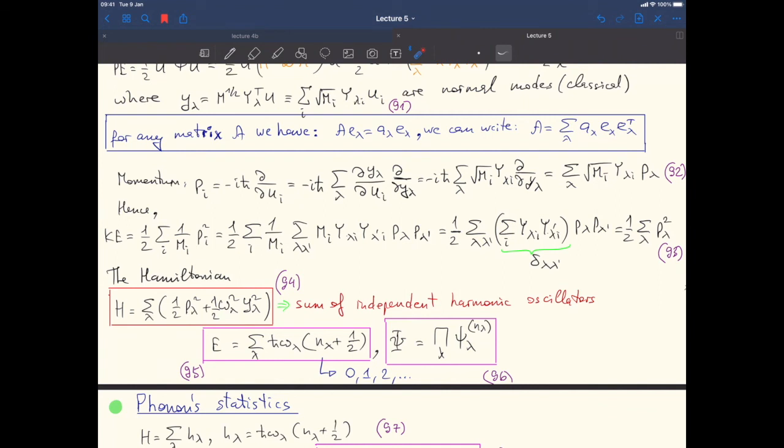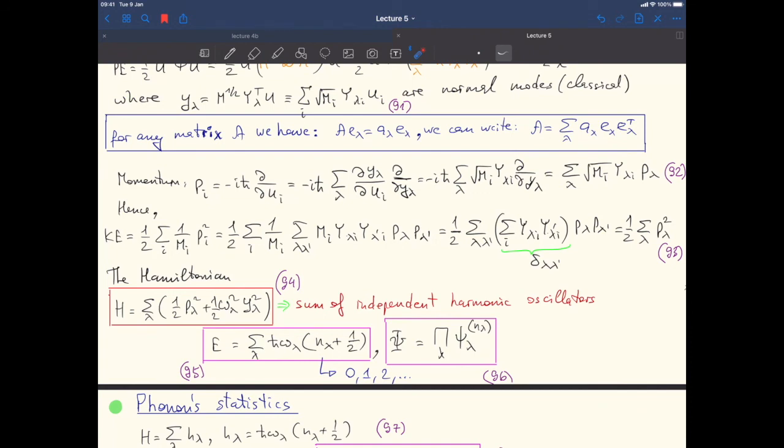And the wave function of this collection of harmonic oscillators, as was already said before, will be given as a product of wave functions for each particular harmonic oscillator. So this is a wave function of the harmonic oscillator lambda in the state n lambda, when n lambda has a particular value. So we have a product of all these states.